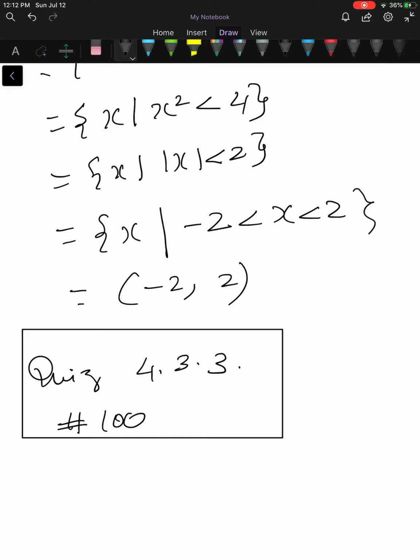In the next section, we will learn about some laws of logarithms that are used forever in math, just like the special product formulas and the special factorization formulas. You will use these formulas forever as you go to higher classes.